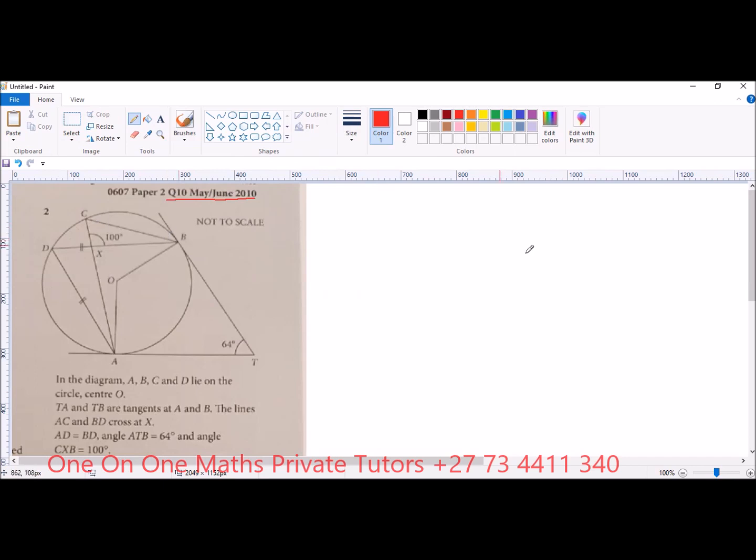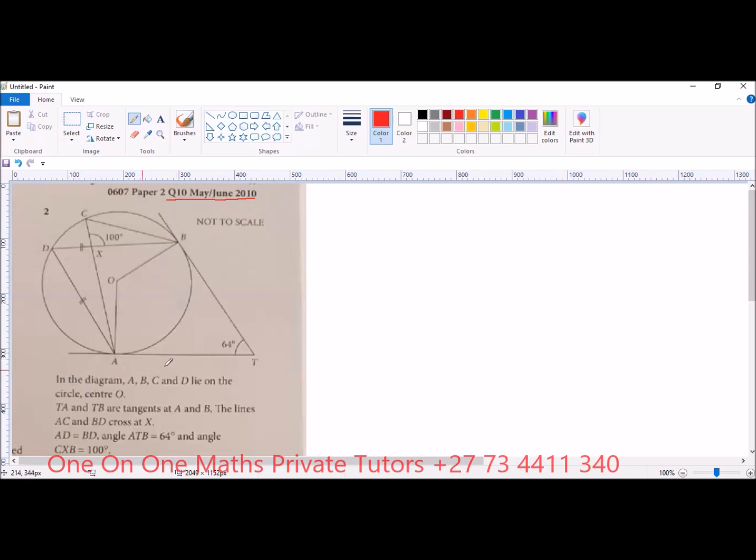So if you are doing any of these courses in maths, pure maths, year 4, which is form 4, you should be familiar with circle geometry. Now let's look at this question.